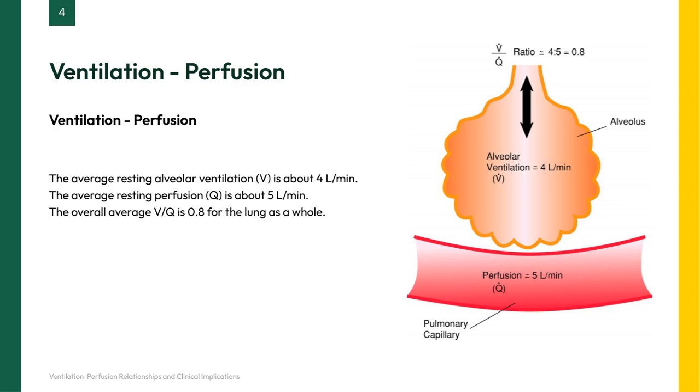When we compare these two values, the overall VQ ratio comes out to about 0.8. This ratio is crucial because it reflects how well ventilation matches perfusion, influencing how efficiently oxygen enters the blood and carbon dioxide is removed. Understanding this balance helps explain normal lung function and what might happen in various respiratory conditions.